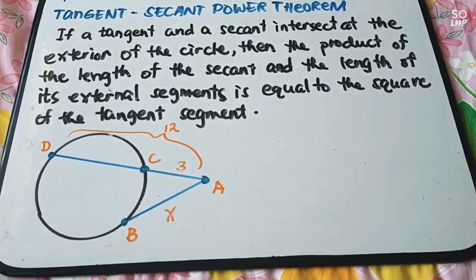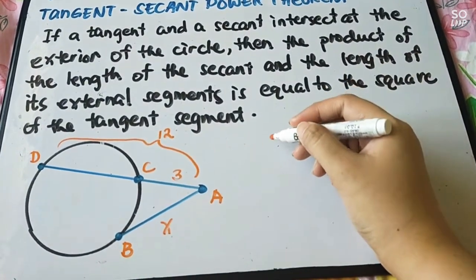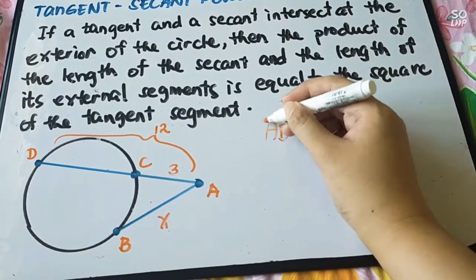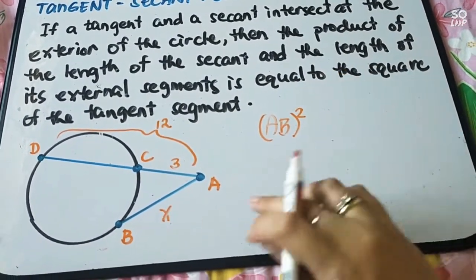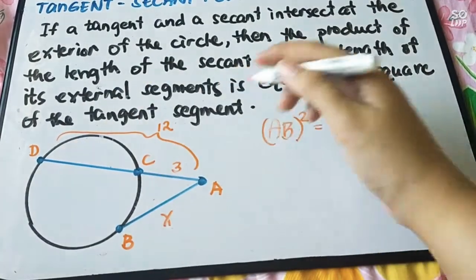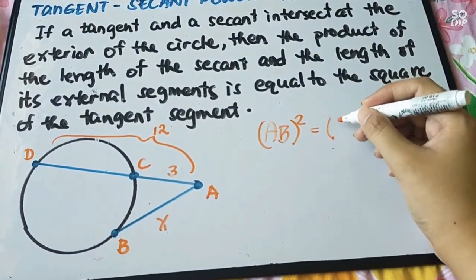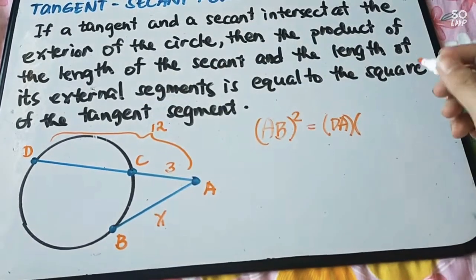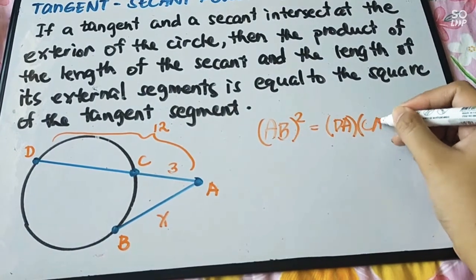Okay? So, therefore, we can create our formula: AB squared. The square of this is equal to the product of the length of the secant, which is DA, multiplied by the external, which is CA.